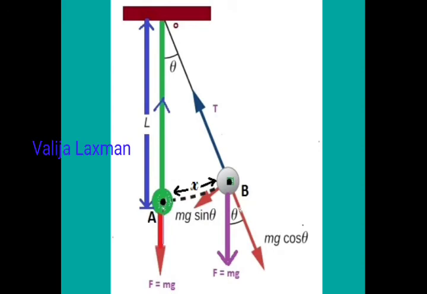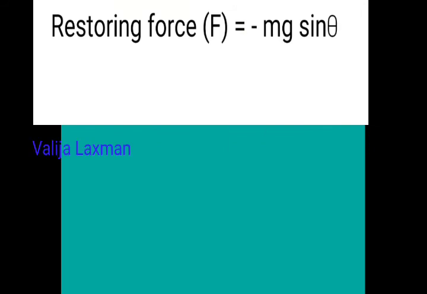That equation is nothing but F is equal to mg sin theta. Is it visible? Yes, sir. So this is mg sin theta, that is nothing but the restoring force. This one, F equal to mg sin theta, or we take a minus sign because it is in the opposite direction to the displacement. Restoring force.